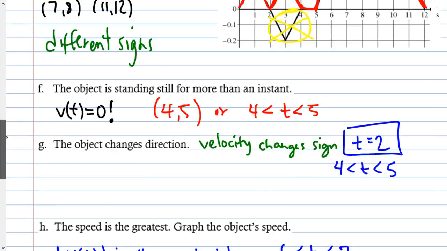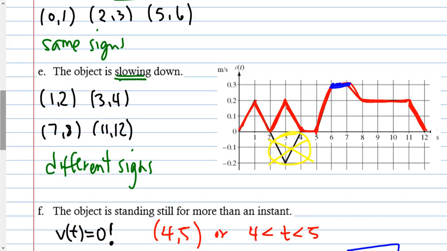Sometimes though, it's not an interval, it's a point. Because what if it had been something like this? Well, that's a bad example because I'm in the middle. Let's say it was like this, right? Then you would be telling me that it's 7.